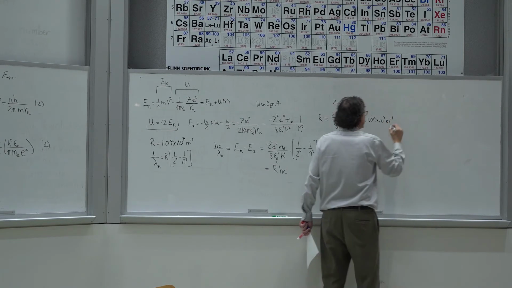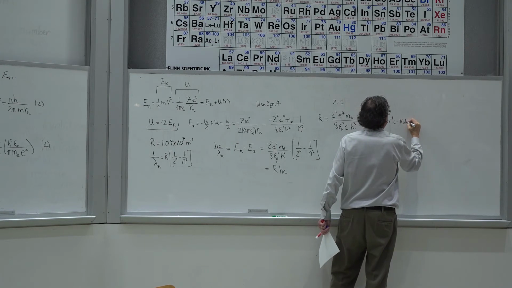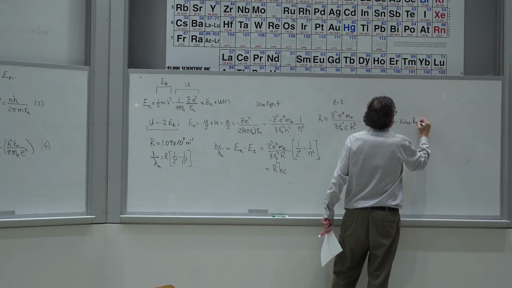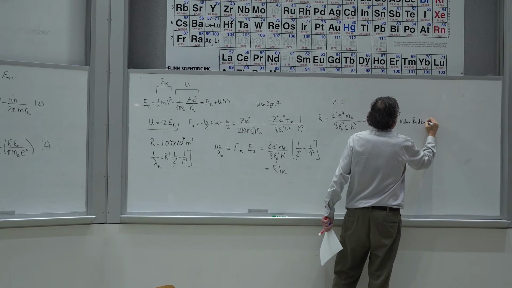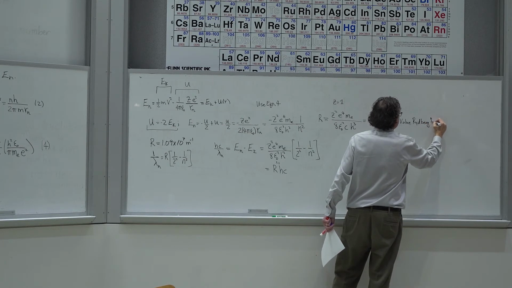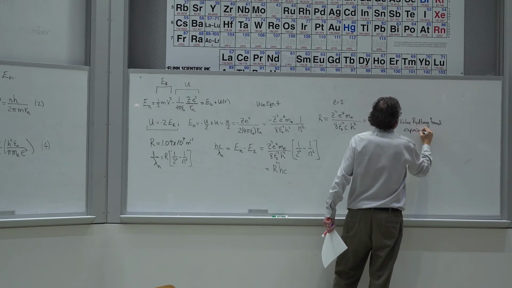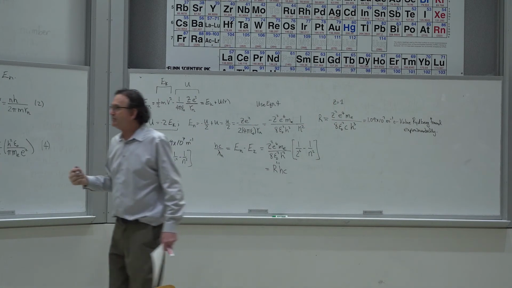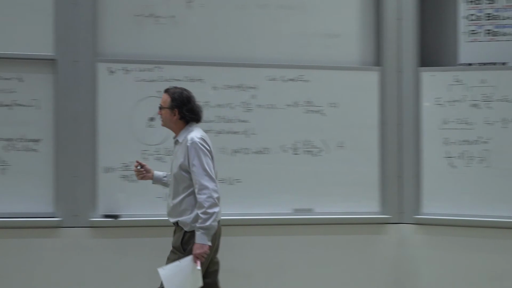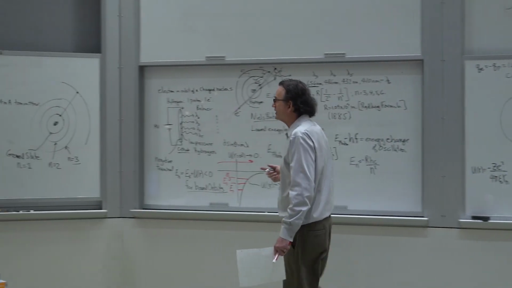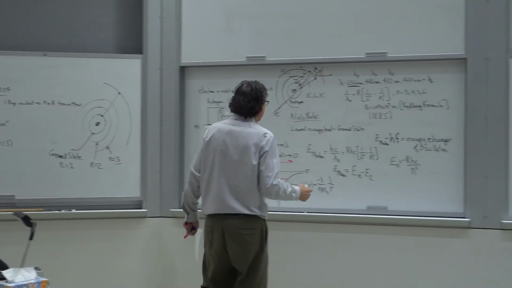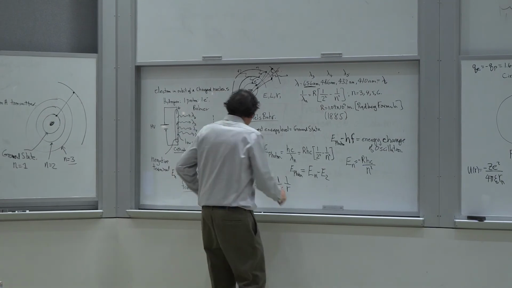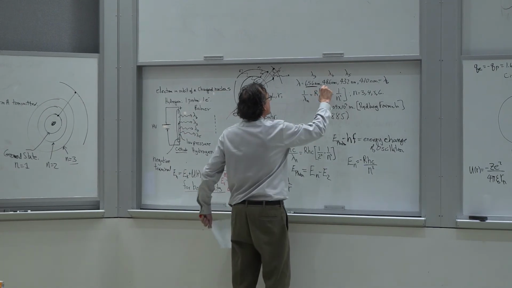This was the value that Rydberg found experimentally. But Bohr is now able to explain it. He's able to tell you why this formula of Rydberg's is correct.